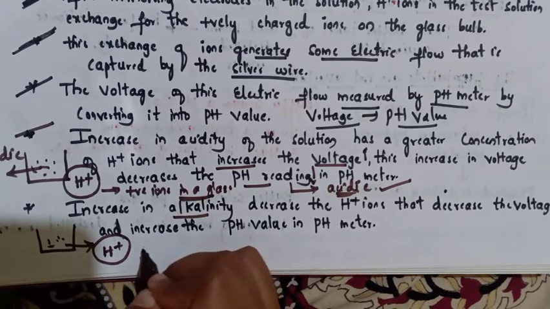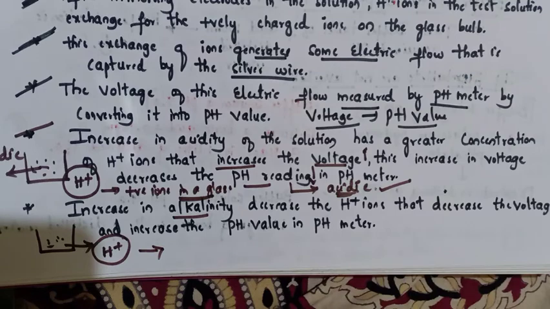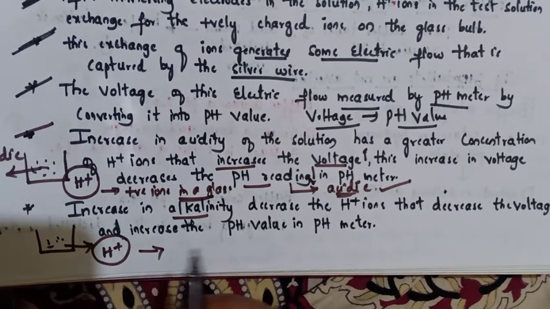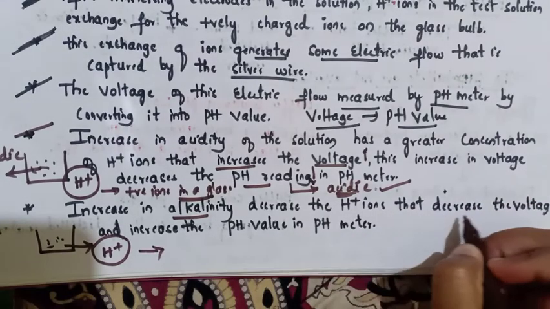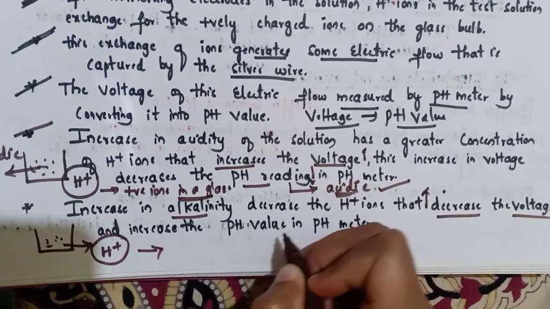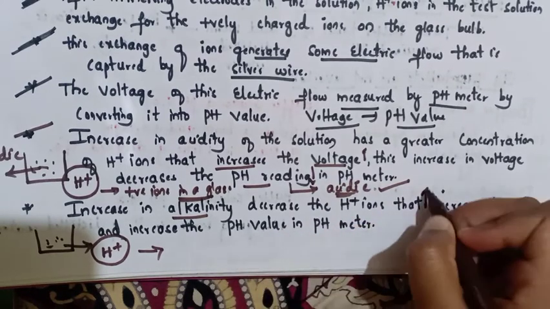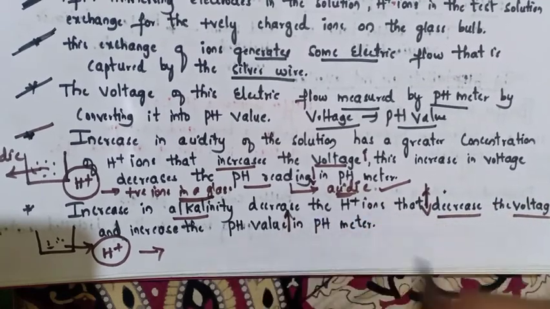So there is a minimum exchange of H+ ions with the positive ions in the glass, because there are fewer H+ ions. Fewer H+ ions will decrease the voltage and increase the pH value. A decrease in the voltage means an increase in the pH value.